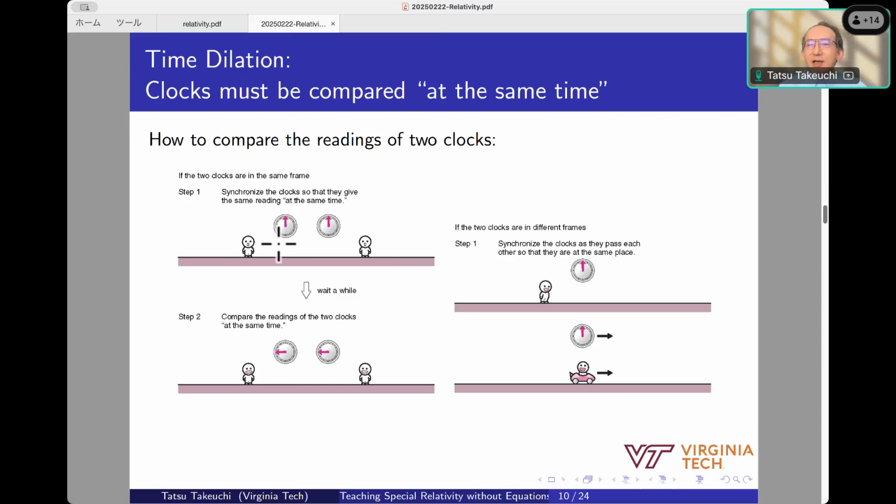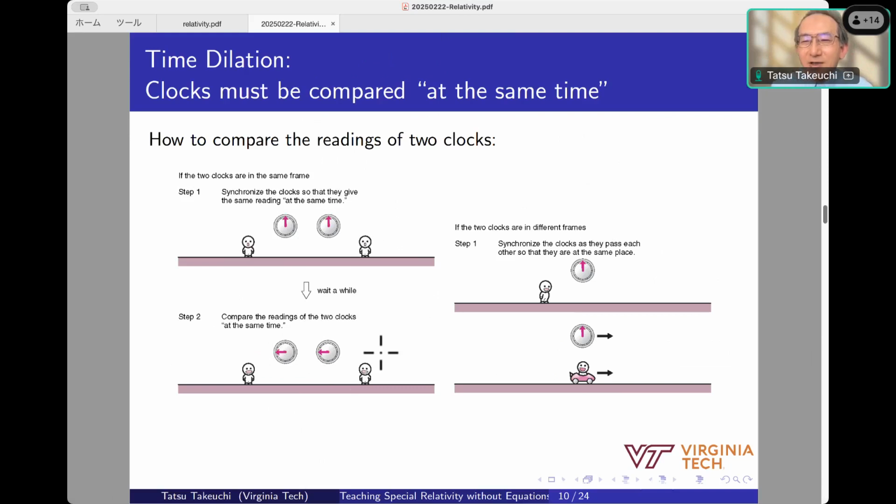Then I would wait an hour or something, and then compare the readings of my smartphone and the watch and see if they still give the same reading. Naturally, we read the two clocks at the same time in the beginning, and we compare the readings at the same time at the end. Is everybody okay with this?